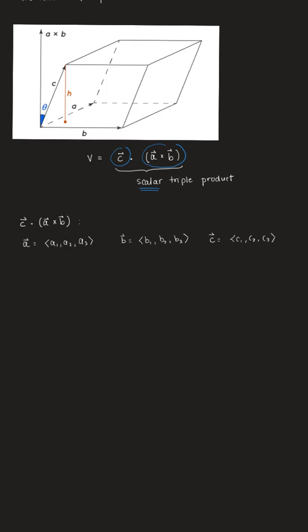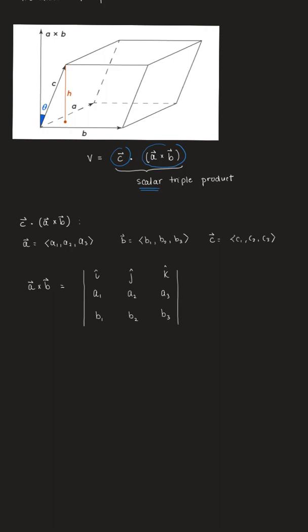All right, so using the work that we've done in class to calculate the cross product, we're going to set up an order 3 determinant where the first row is the 3 standard basis vectors. And the second row, we will put our components of vector A. And in the third row, we're going to put the components of vector B.